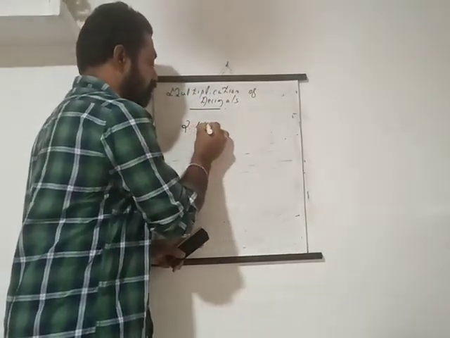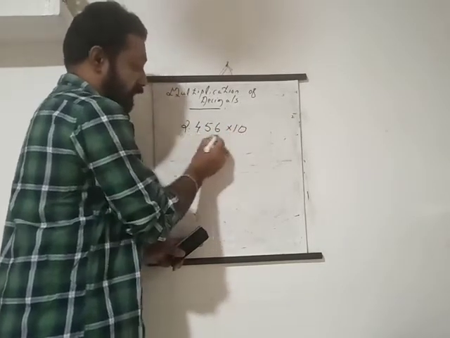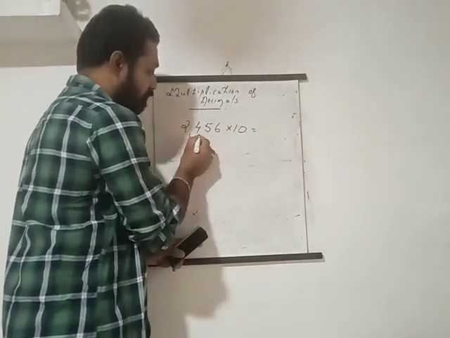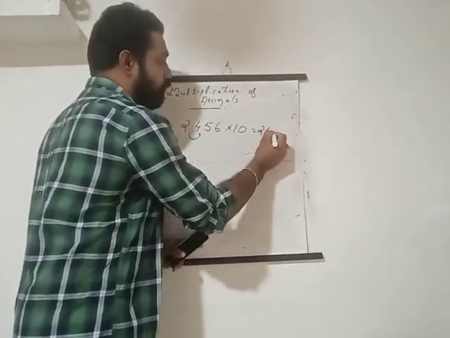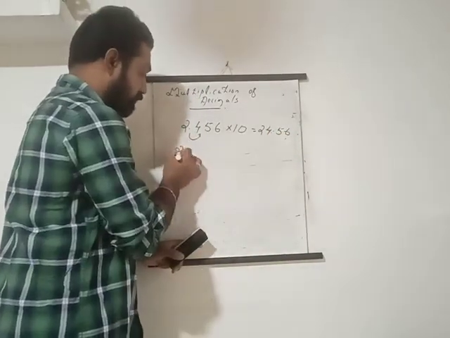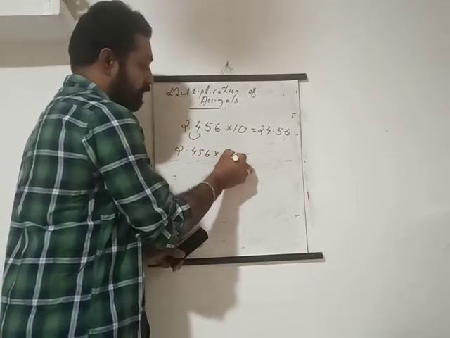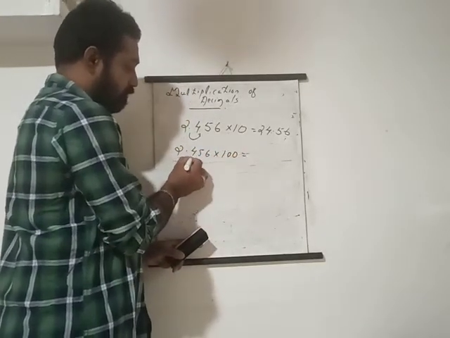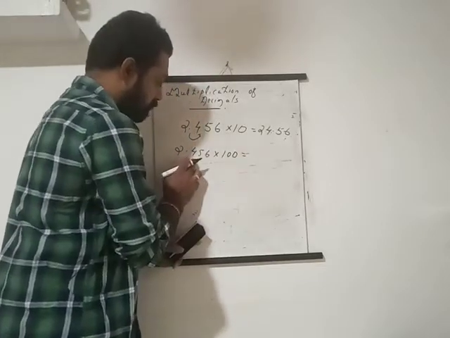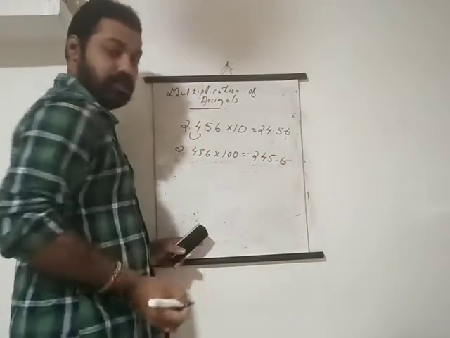Take 2.456 into 10. Here you can see 3 decimal places. The point shifts, and it becomes 24.56. If I am multiplying 2.456 into 100, it becomes 245.6, isn't it?